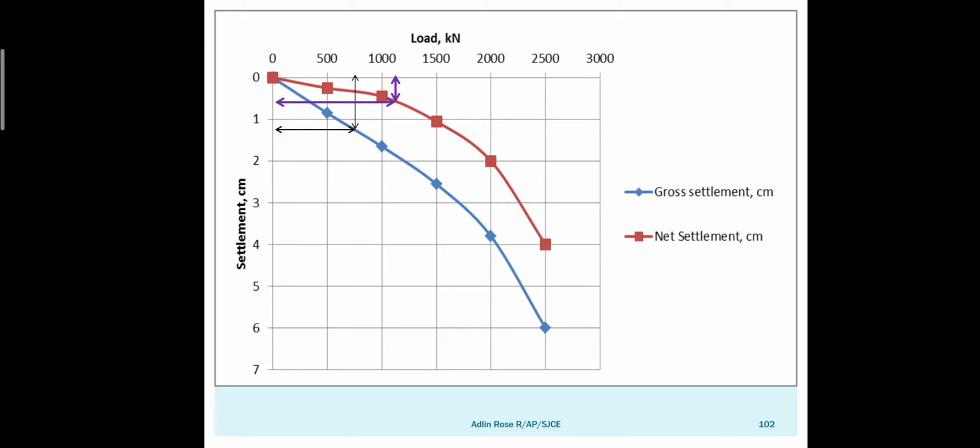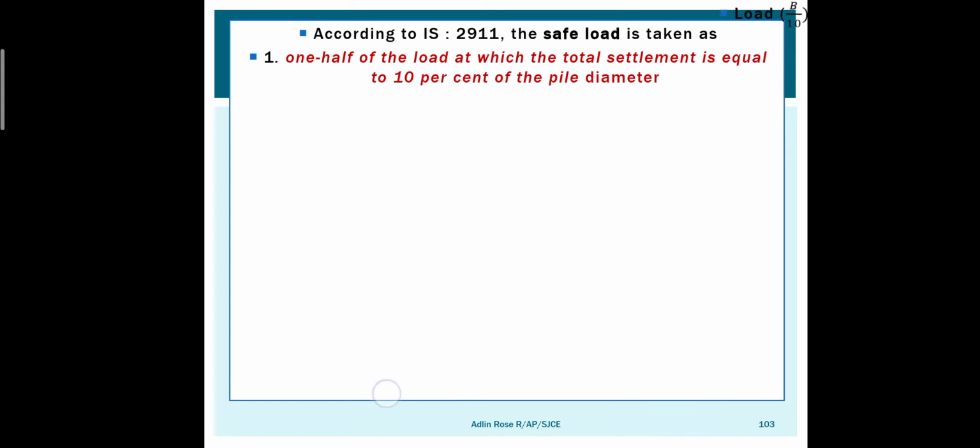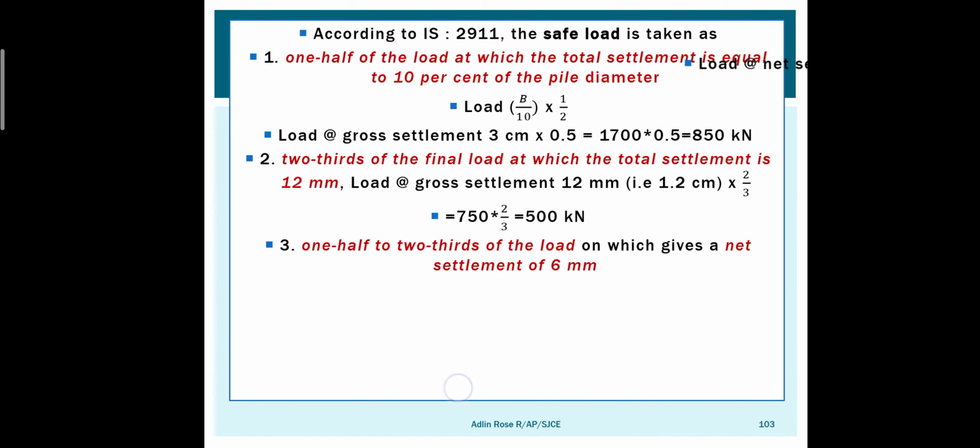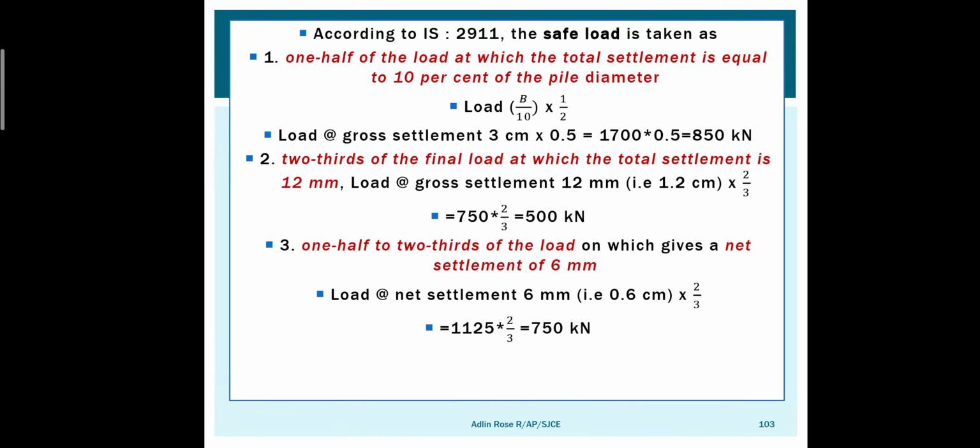So here it is 1125. So 1125 is the load corresponding to 6 mm net settlement. 6 mm is nothing but 0.6 centimeter. The corresponding load is taken, and that is 1125. So multiply 1125 by 2 by 3. So 1125 into 2 by 3 will give you 750.